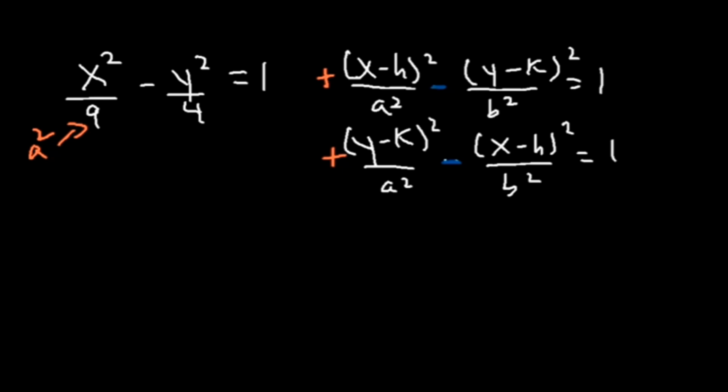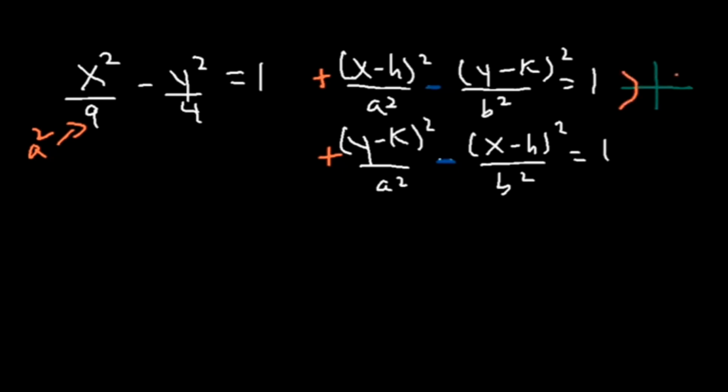Now, we need to realize that for a hyperbola, if x squared comes first, it opens left and right. If y squared comes first, it opens up and down. But we'll go over a few examples, so let's solve this one.